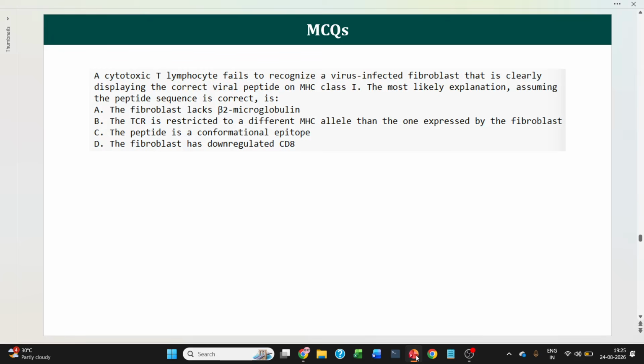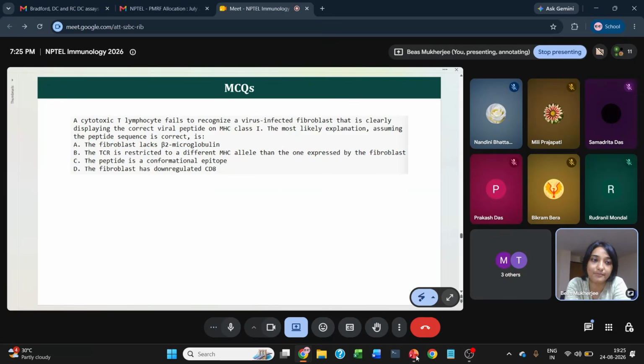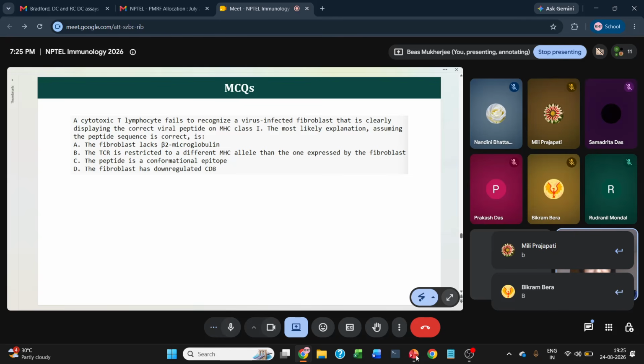Now we have a lot of MCQs that you have to answer. A cytotoxic T lymphocyte fails to recognize a virus-infected fibroblast that is clearly displaying the correct viral peptide on MHC class I. What is the most likely explanation, assuming the peptide sequence is correct? B. The TCR is restricted to a different MHC allele than the one expressed on the fibroblast.